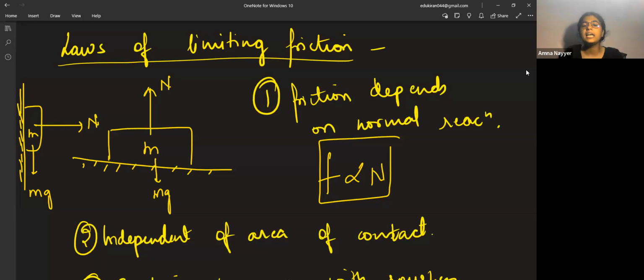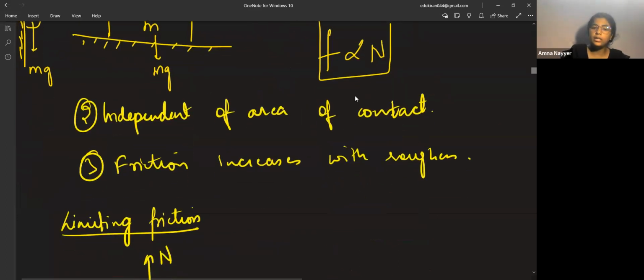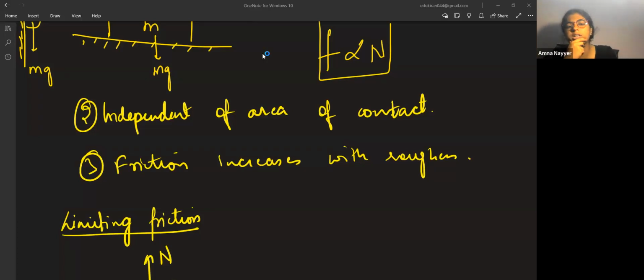And secondly, it is independent of the area of contact. Yes, a third law is also there, that it increases with roughness. This is not actually a proper law, but when laws of friction come, you can state that law. What are you asking, Abdullah?